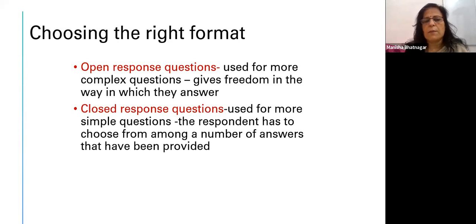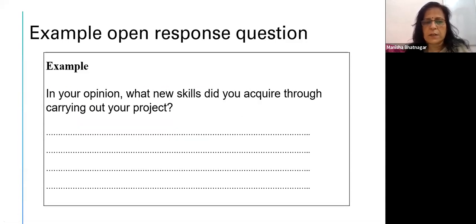It is used for simple questions, and the respondent has to choose from among a number of answers that have been provided by the constructor. Framing such questionnaires is the real tough part, and we must spend a lot of time and thinking before we construct such questionnaires.